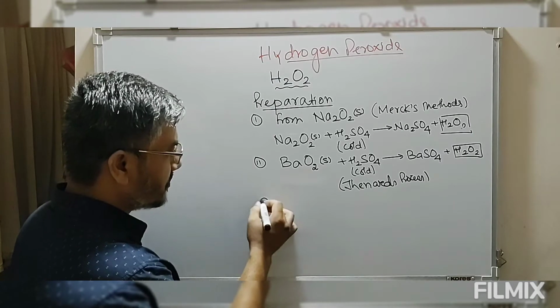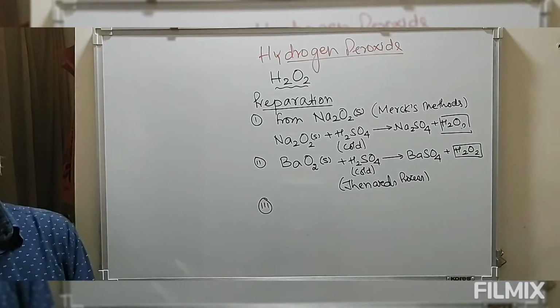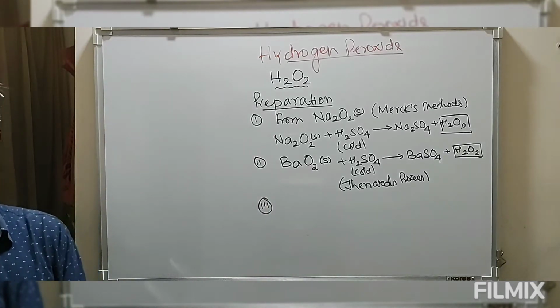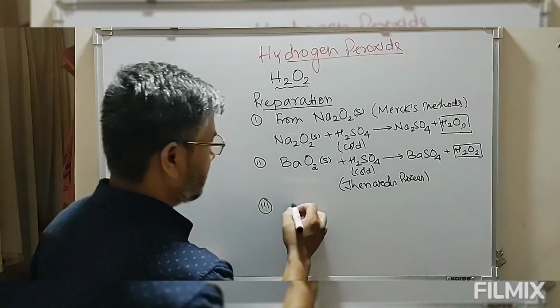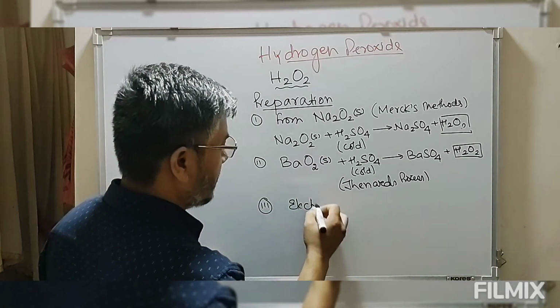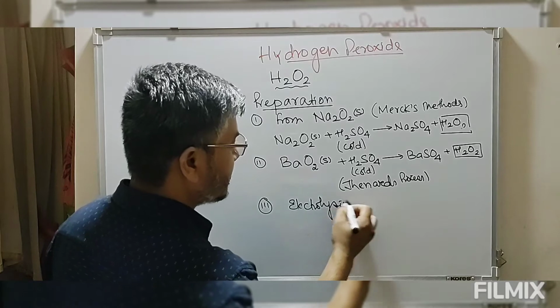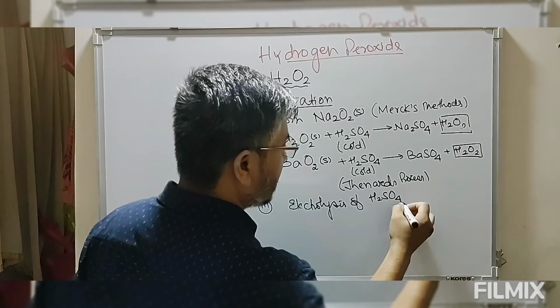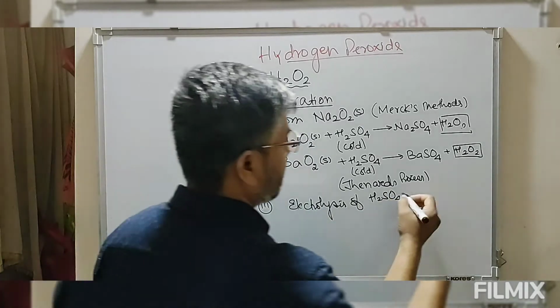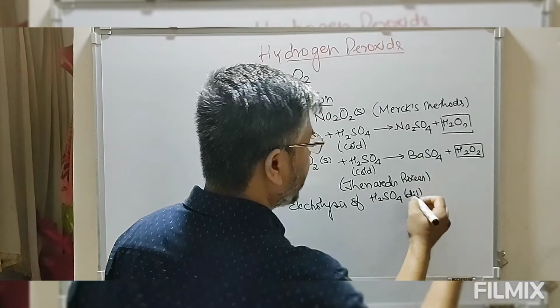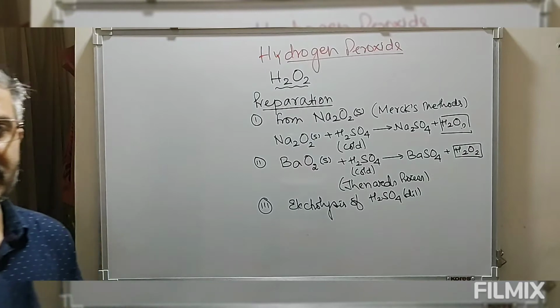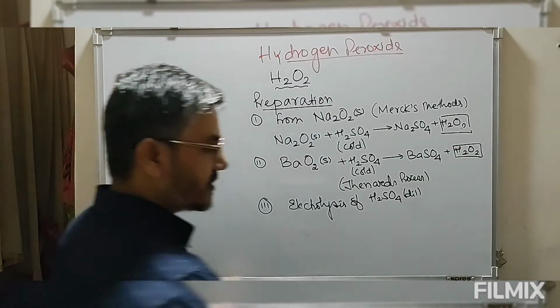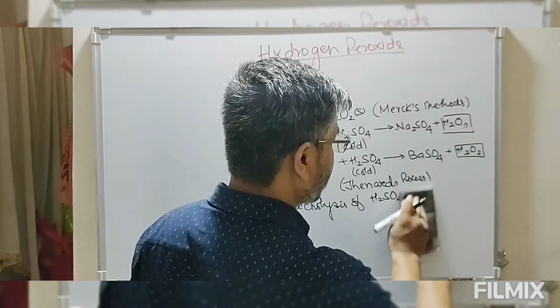Then we can also prepare this by electrolysis of sulfuric acid. Now we electrolyze this concentrated sulfuric acid.